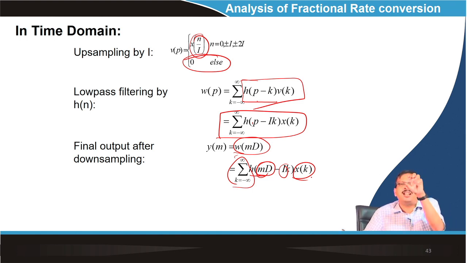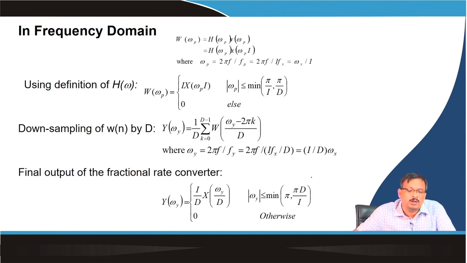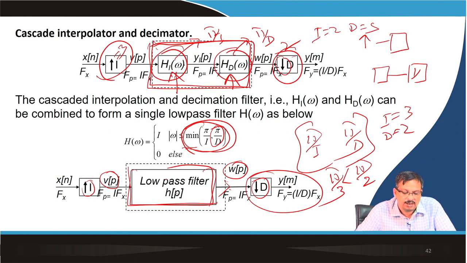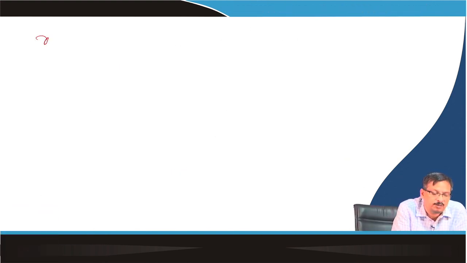If I explain the time domain factors pictorially, let me take a slide here. I have a signal x of n whose sampling frequency is fx equal to 8 kilohertz.